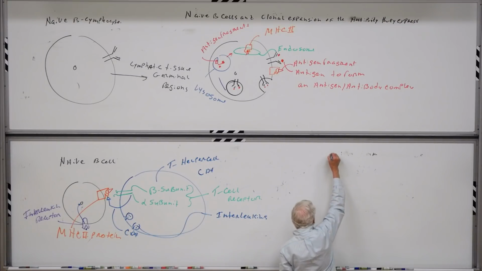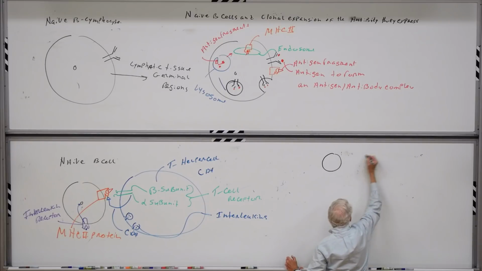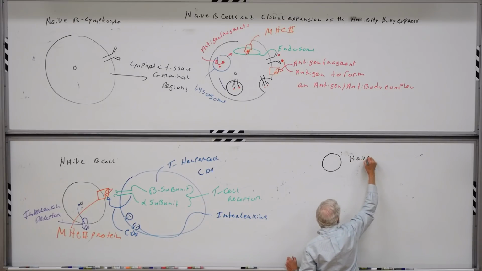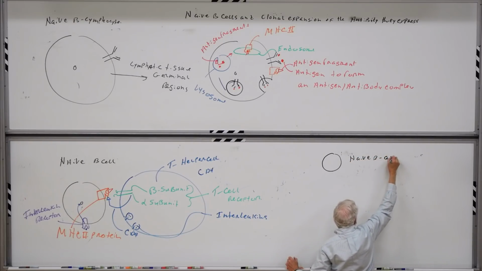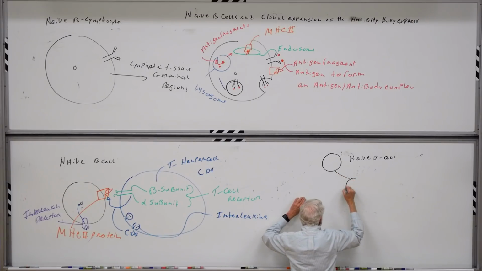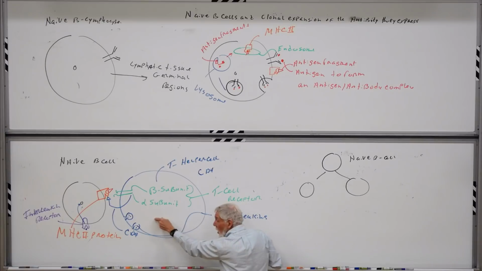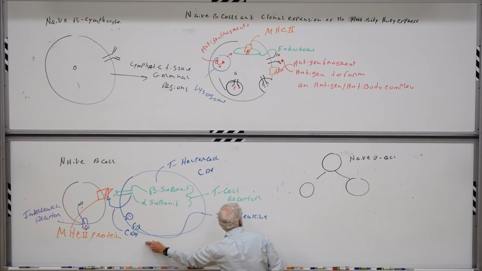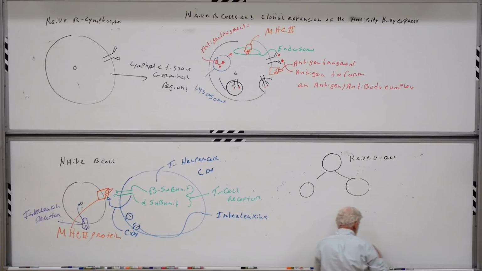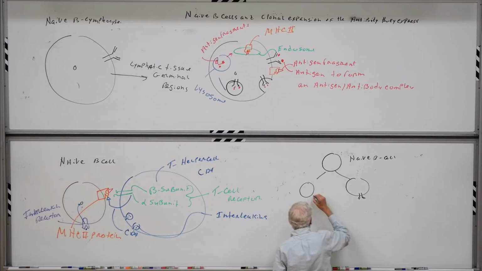So that this first cell is meant to represent the naive B cell. The naive B cell divides into two. It's received the signal of the growth factor of the interleukin, and it divides. And that cell then has on its surface, as a transmembrane protein, these antibodies.